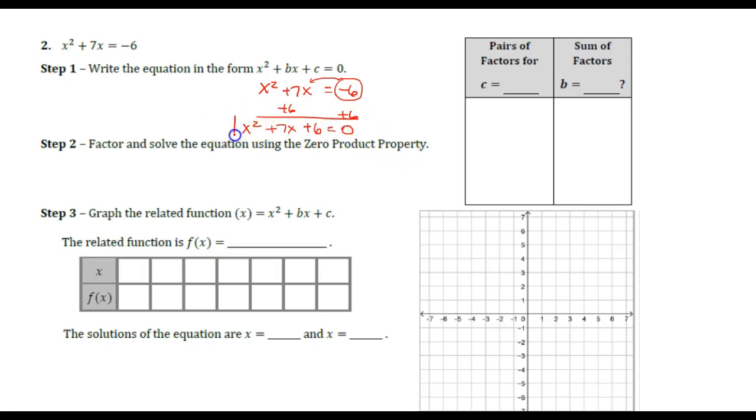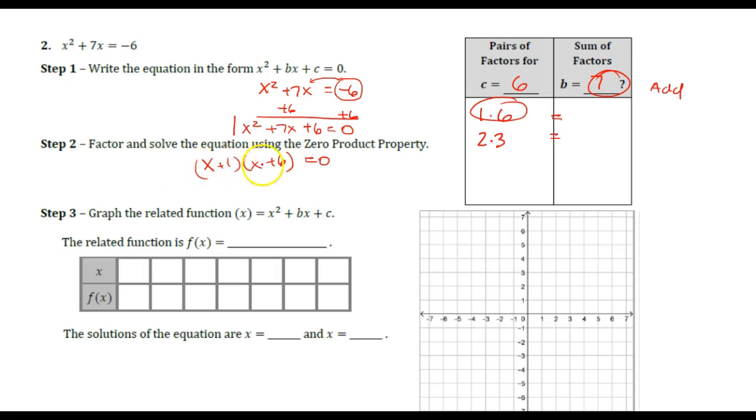What I'll do is identify my a, b, c, and I'll list out my factors and see what adds to get me 7. As you can see, it was these factors, x plus 1 and x plus 6 equals 0.